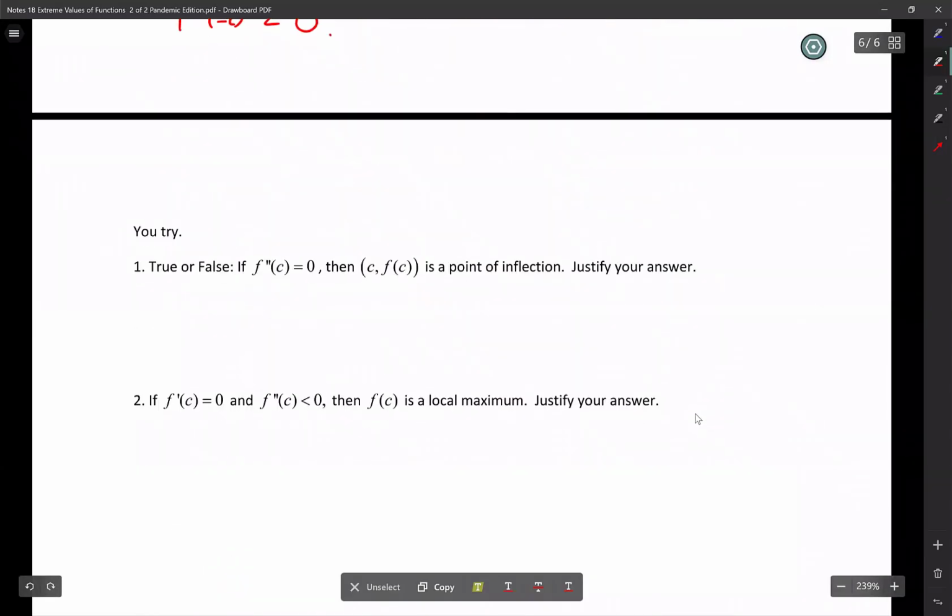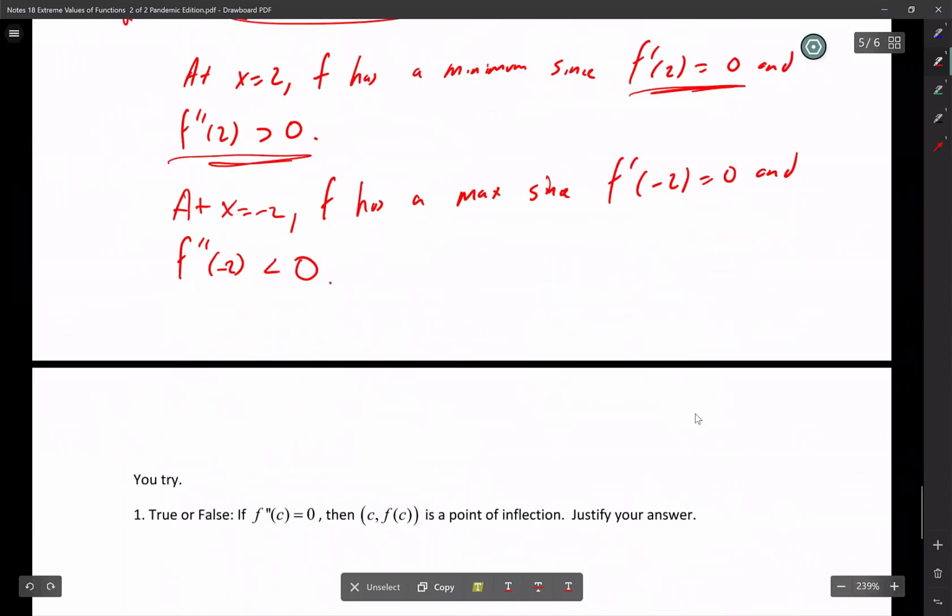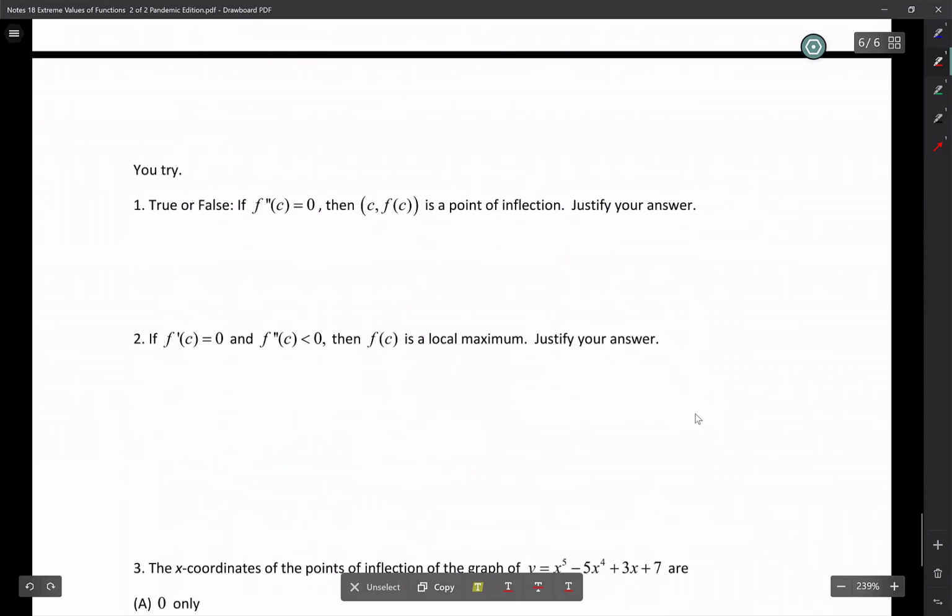So now we got some questions here, and let's see if we can answer them. We're going to give you guys a head start for number 1. Number 1, true or false? If the second derivative is 0, then that coordinate is a point of inflection. Justify your answer. Take 30 seconds, answer on the DM, and I'll tell you whether you're right or not.